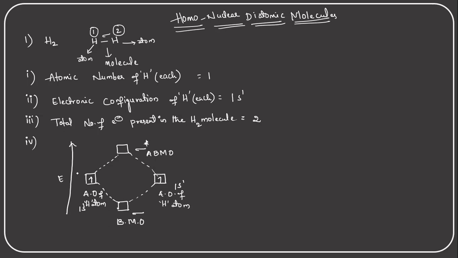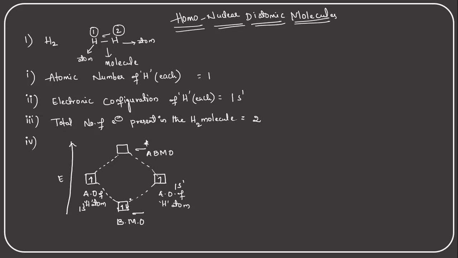Here these two electrons merge together and form a pair according to Hund's rule, Pauli's exclusion principle, etc. So they will fill in the lower energy level to get stability. At the lower energy level only, they are very stable.